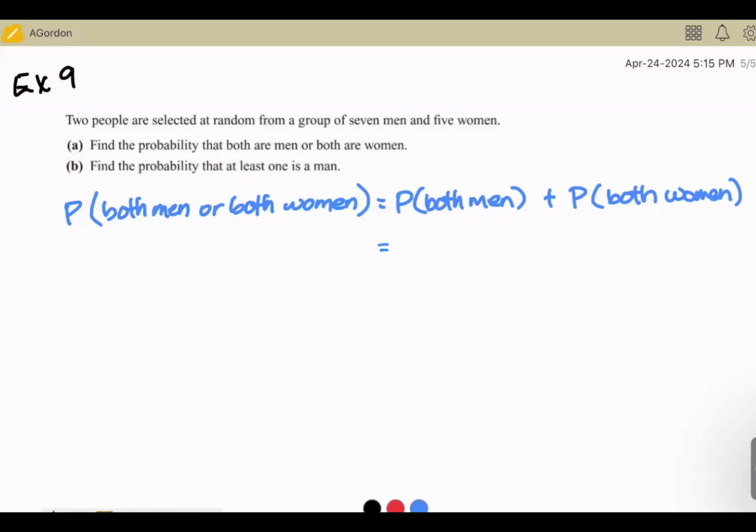We're going to take the number of outcomes of interest and divide it by the total number of outcomes. So the way that we can choose 2 men out of the 7 men that we have in our group will give us our desired outcome. And we're going to divide that by the ways that we would choose just 2 people out of the total 12 people.